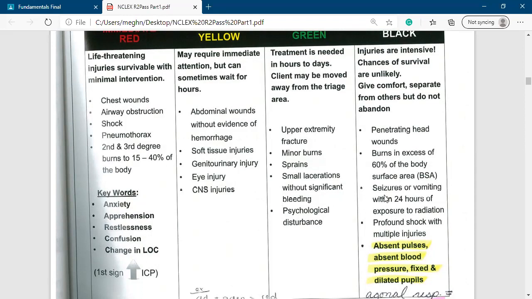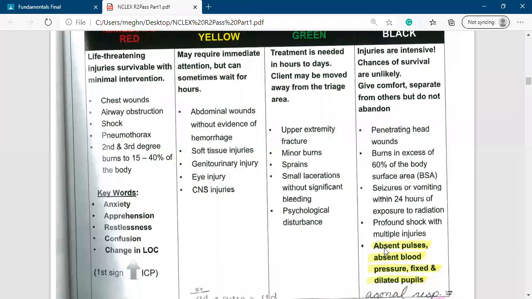Or seizure or vomiting within 24 hours of exposure to radiation, or profound shock with multiple injuries, absent pulses, absent blood pressure, fixed and dilated pupils.